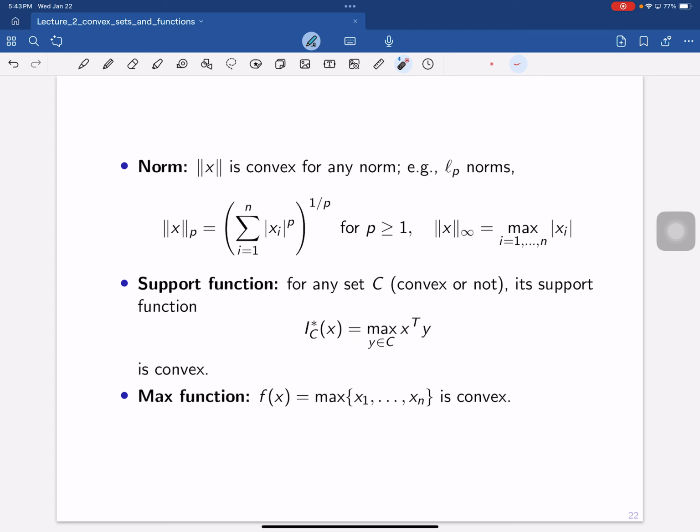You can think about it as, I give you a direction x, now consider all the y's in the set C. Which one has the longest projection in the x direction? You have to project that and then multiply by x. Let's assume that we only care about direction, so x gives you a unit vector anyway.